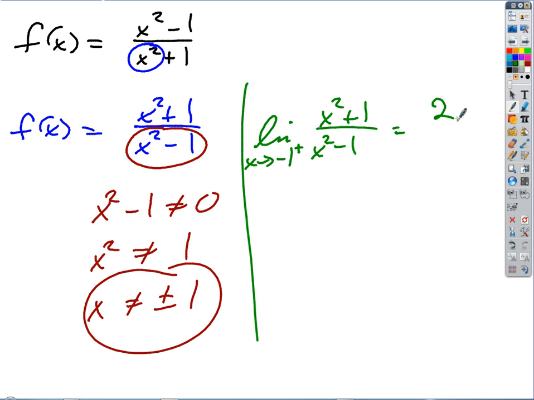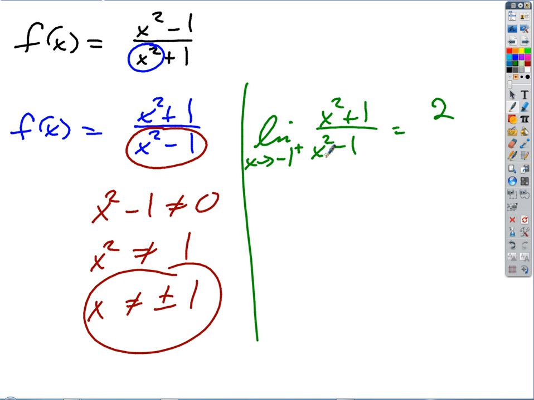What about the bottom? If I'm taking something like negative 0.99999 and squaring it, what's that going to give me? It's going to give me a positive. But is it going to be less than or greater than 1? Slightly less, isn't it?